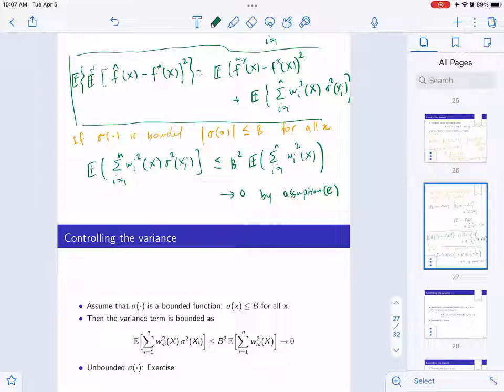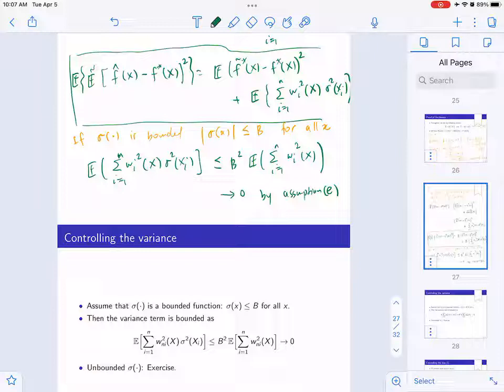It's very reasonable to assume that the noise variance is bounded, for example if the domain is bounded. If it's unbounded, it's still the case that like 90% or 95% of the results on regression are in the case where this is true. Is it clear so far?